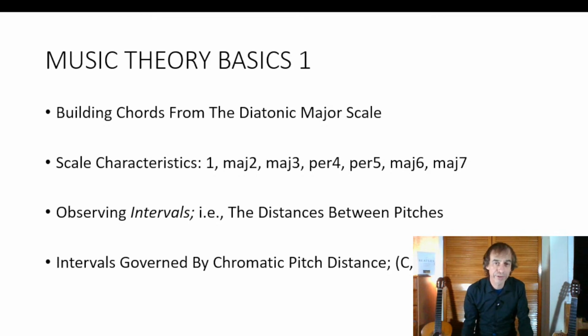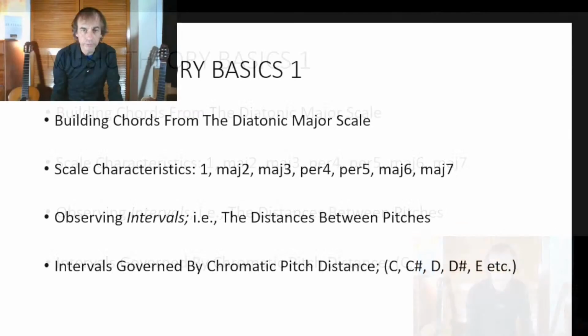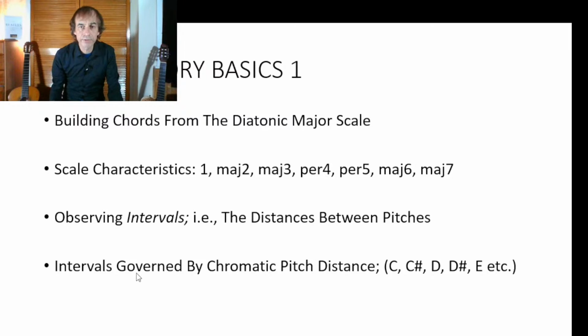A semitone is 1 fret apart. A tone is two frets apart. And intervals are governed by chromatic pitch distance. So you need to know your chromatic scale, and that is why I've written C, C sharp, D, D sharp, E. So you need to make sure that you do know, for instance, if you're a guitarist, all of the notes on the fretboard. If you're a pianist, you need to know all the names of the white notes and all the names of the black notes.